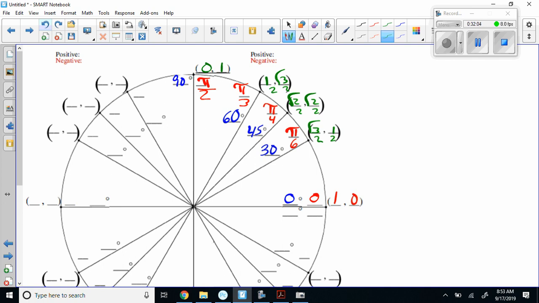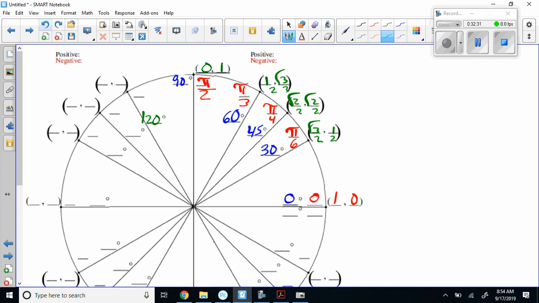Think about it. We're doing 30, 45s, and 60s inside each quadrant. So we're doing 30, 45, and 60. What is 90 plus 30? 120. Right? So this would be 120 degrees.